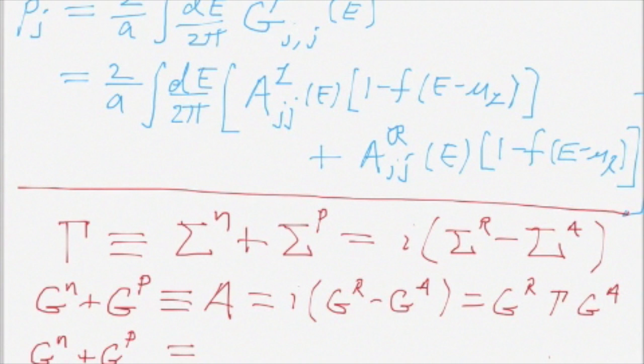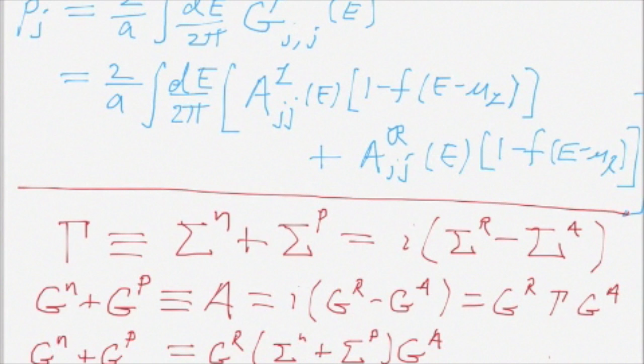What I have written down in the notes, just to prove this, is that Gn is Gr sigma n Ga, and Gp is Gr sigma p Ga. So that's Gr times sigma n plus sigma p times Ga, the sum of those two, right?